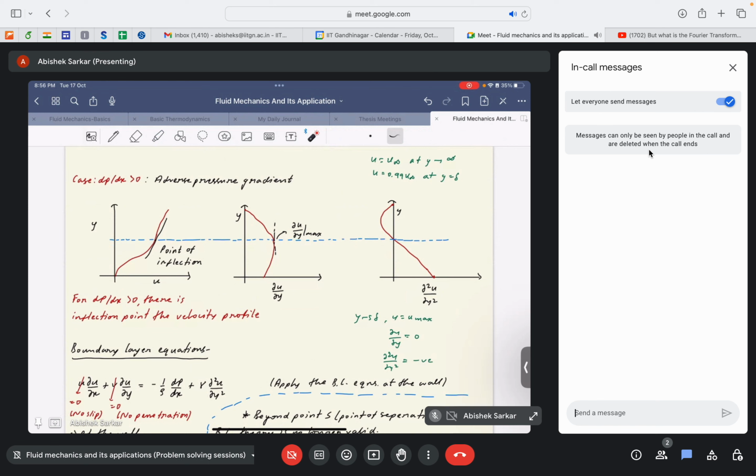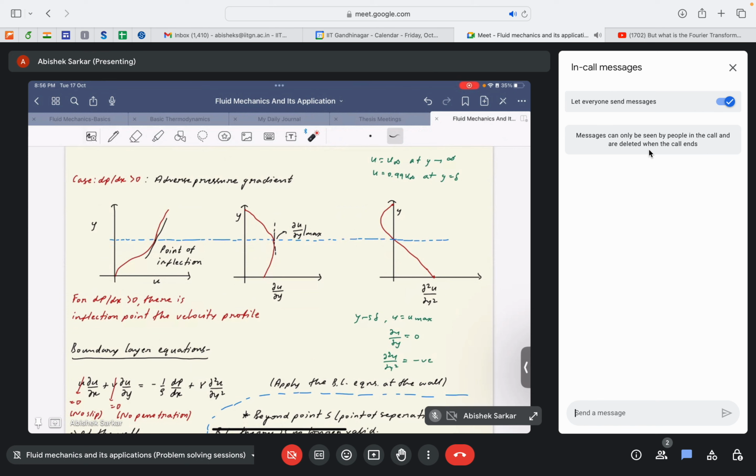And again, one more thing is the existence of the point of inflection. Okay, this is a very important point, I hope you note it down. The existence of a point of inflection is a hallmark of adverse pressure gradient. A flow with a favorable pressure gradient will never have a point of inflection in the velocity profile.